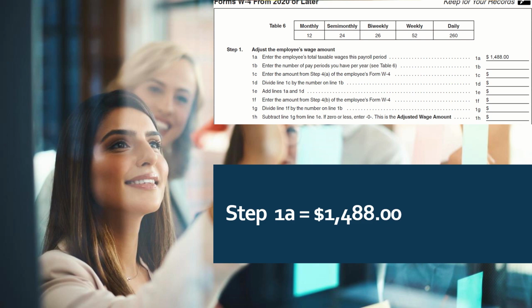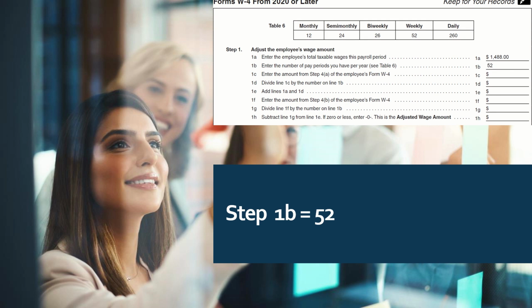So we'll start with the first calculation. Step 1A of page 56 asks us to enter the employee's total taxable wage for the pay period, which is $1,488. We're going to enter the number of pay periods for the year, which is 52.